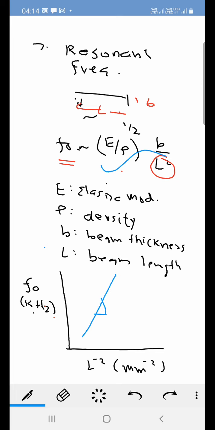Finding this resonance frequency of the clamped beam has variations in MEMS cantilevers.